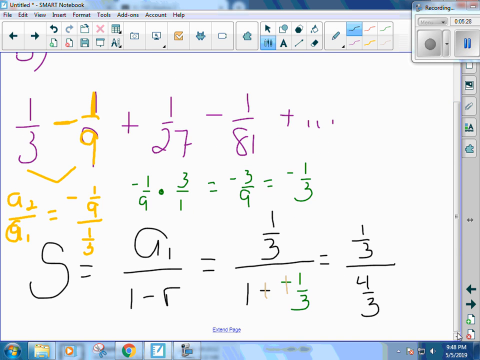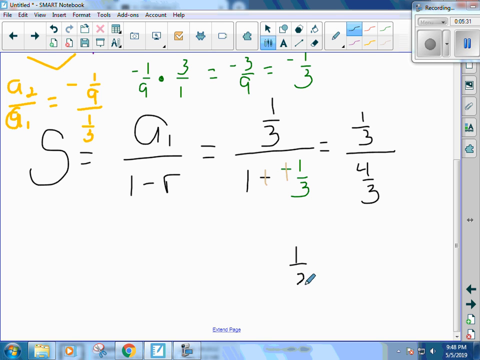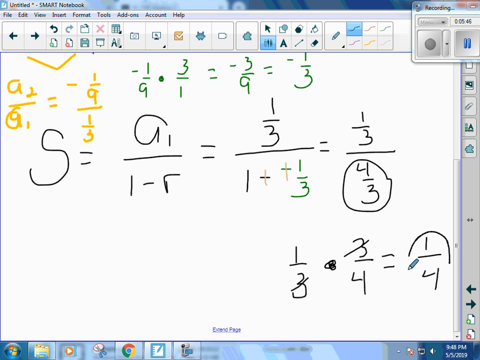So keep, change it to multiplication, and flip the second fraction. Numerator, denominator cancel. The sum of this infinite series is 1/4.